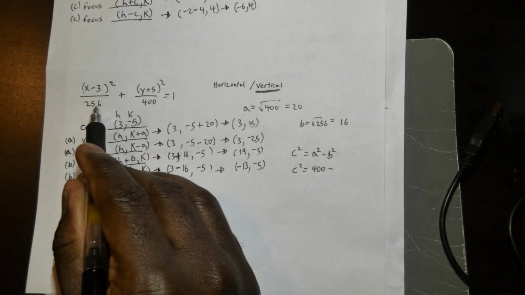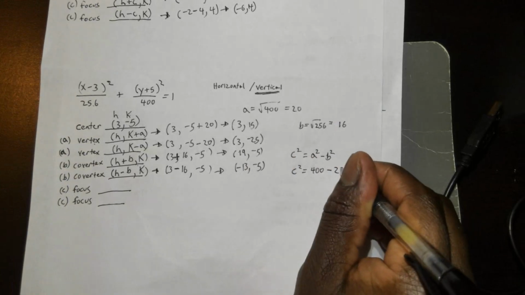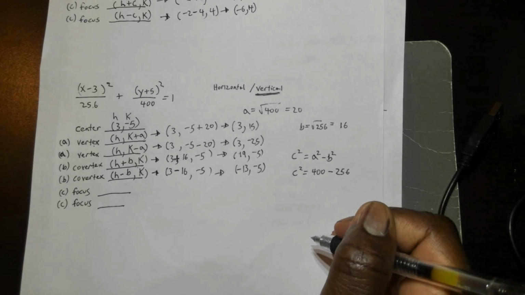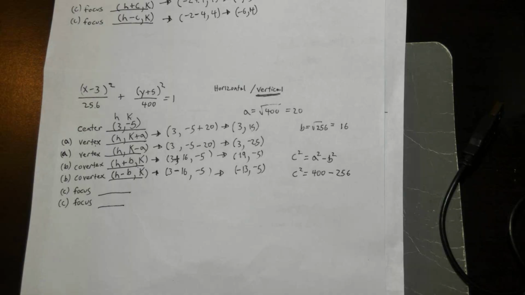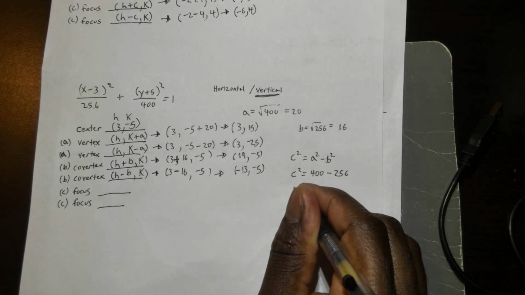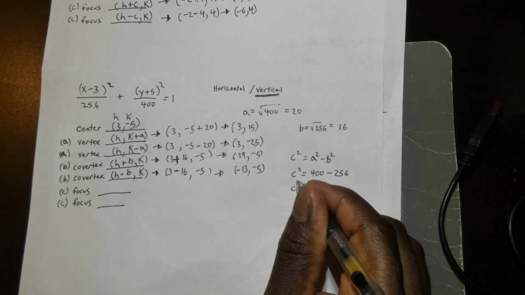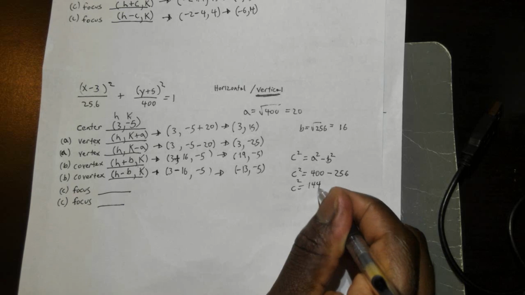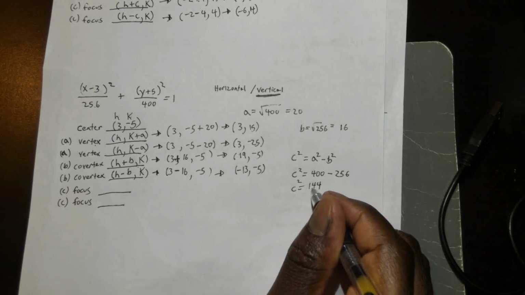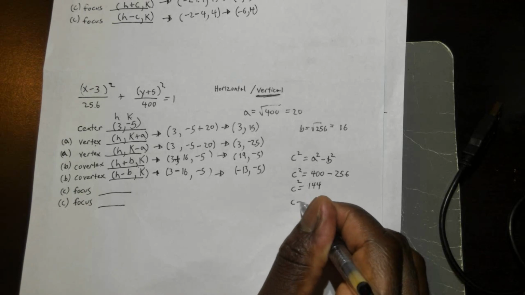B squared is the smaller one, so that's 256. If we subtract these, what do we get? We get 144. So c squared equals 144. So what does that mean about c? It means that we'd have to take the square root of this to get c. So c would be 12.